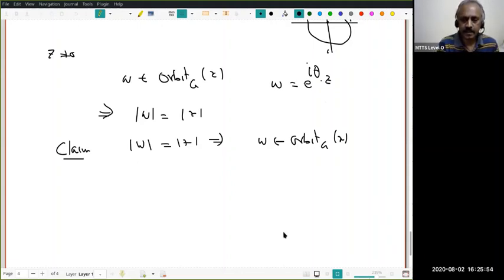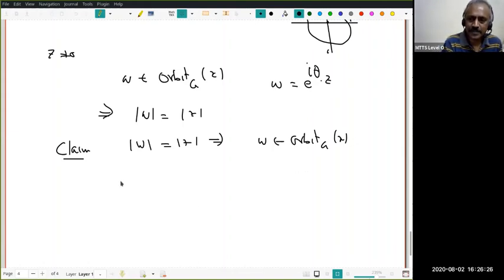How many of you can think of an answer to this? What is it that I have to solve? I have to solve w equal to e^{iθ} times z, right? There exists some e^{iθ} so that w equals e^{iθ} times z. That means I have to solve for e^{iθ}. But that's very easy. What is e^{iθ}? w by z, right?